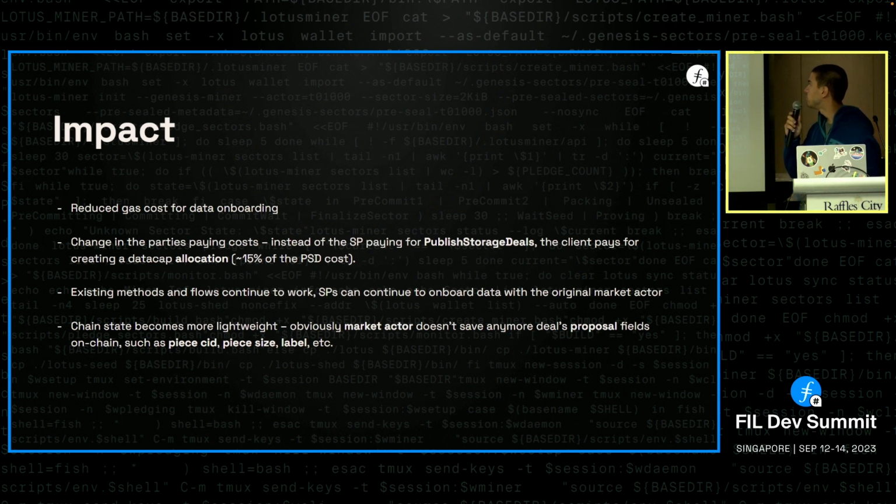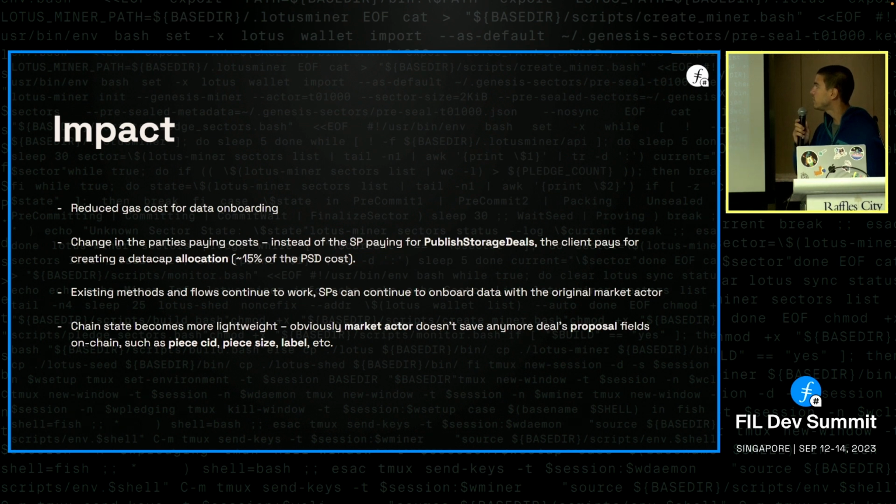SPs currently need to pay for PublishStorageDeal messages, and they're quite expensive. Direct data onboarding changes this and moves this cost to the client. Now it's the client who's responsible for creating the allocation for a specific piece of data, and it's a lot cheaper than the existing PublishStorageDeal message.